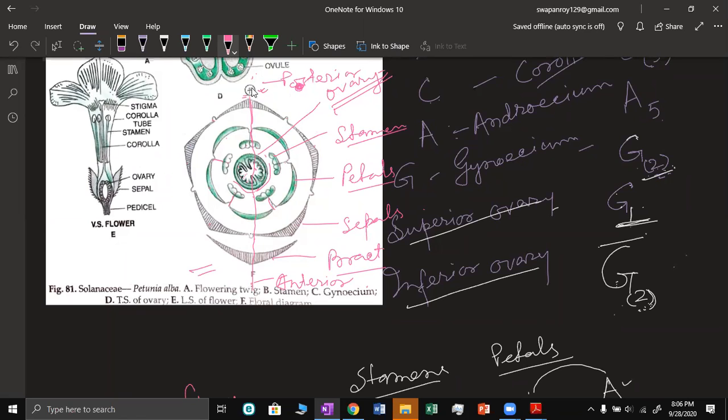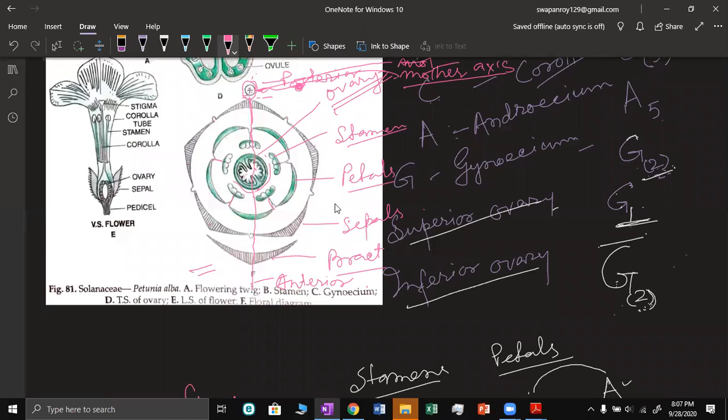And this one is called the mother axis. Mother axis is this one, this circle. These things are very, very important. Without the mother axis, the floral diagram is incomplete.